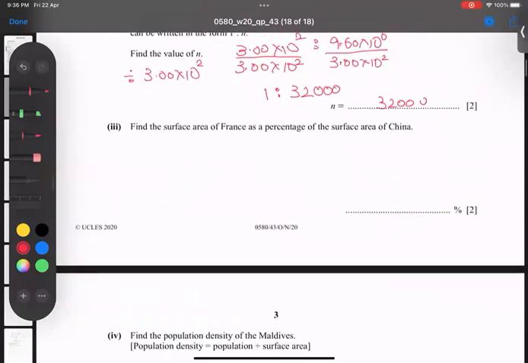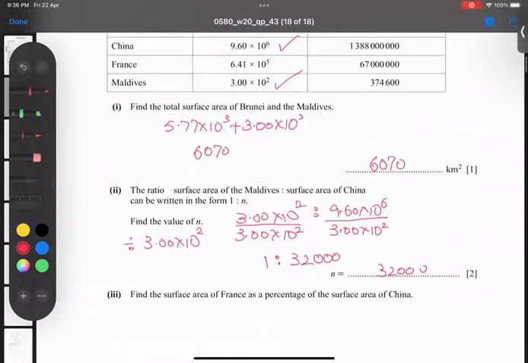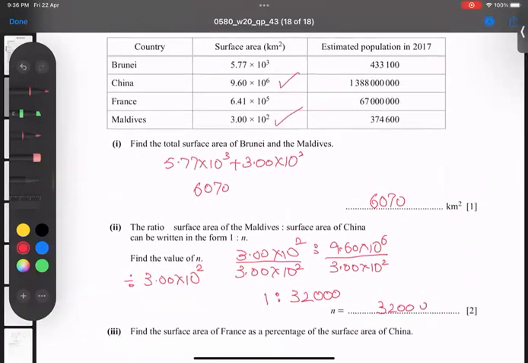Now he's asking for the surface area of France as a percentage of the surface area of China. It means we're looking for France's percentage area as compared to China, so China will be taken as 100%, and this percentage I want to find. I hope you got the idea.